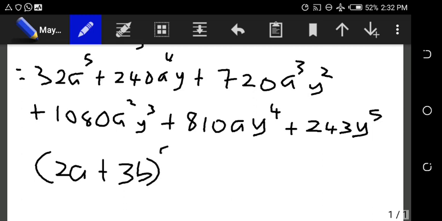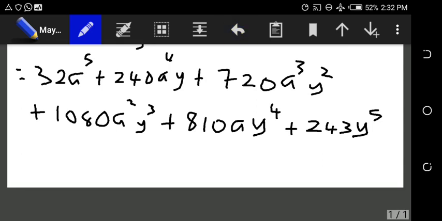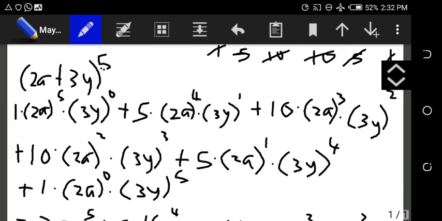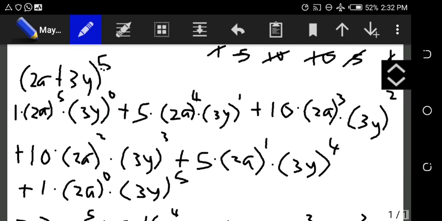Now when you have something like this, the power will always affect everything. So you want to enclose them inside your bracket, because you can make the mistake and just write 2a raised to power 5, and that might confuse you. So it is always good that you enclose them inside the bracket.